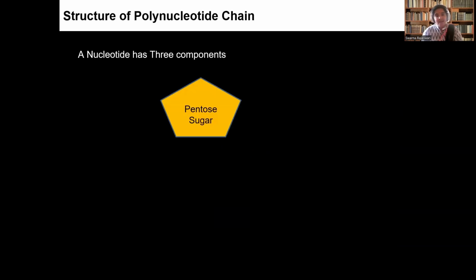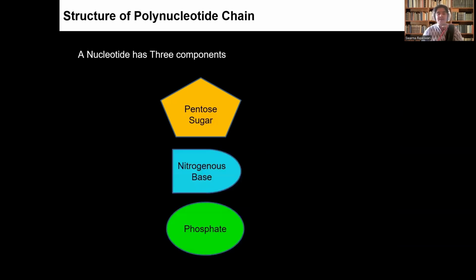Now, the polynucleotide chain which makes up one strand of the DNA is made up of deoxyribonucleotides, and each nucleotide contains three components.